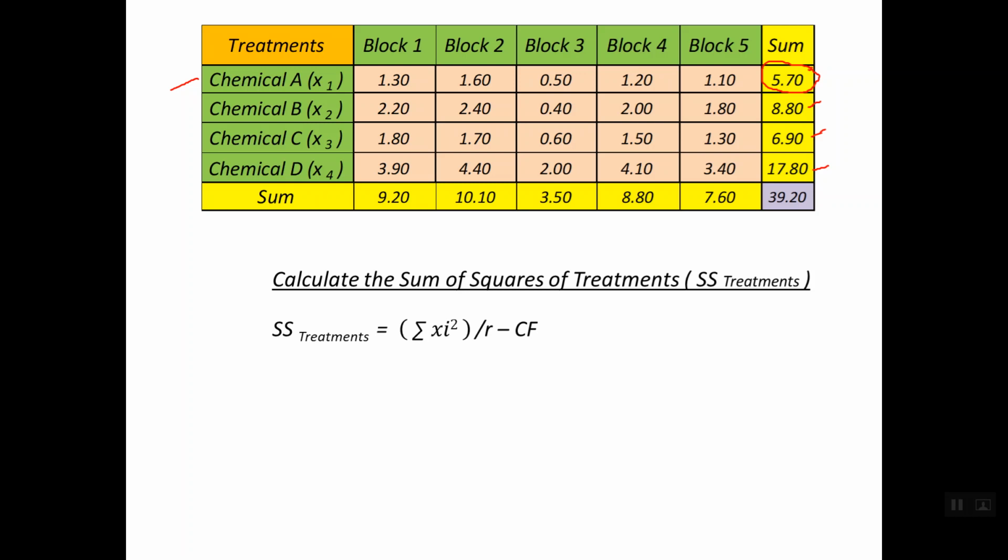So we should square all of these values and take the sum of these divided by R. R here represents the number of experimental units which are treated by chemical A. Notice for chemical A we have these records, and if you count the observations of these records, we have 1, another 1, so 2, 3, 4, 5.